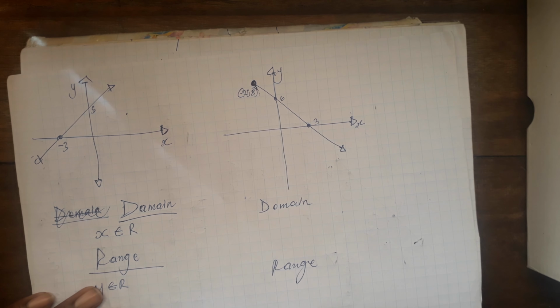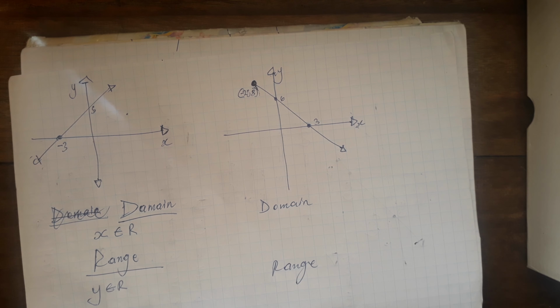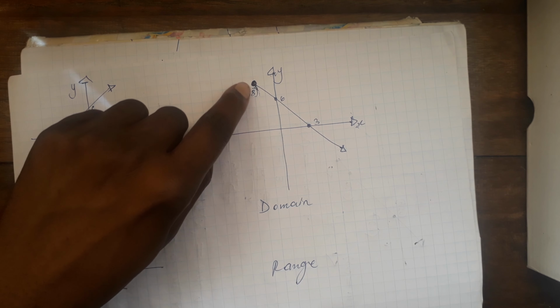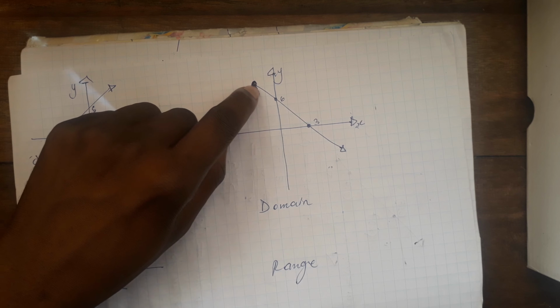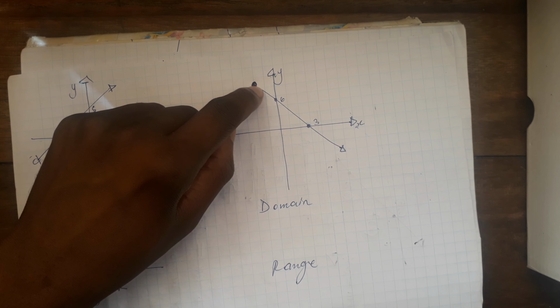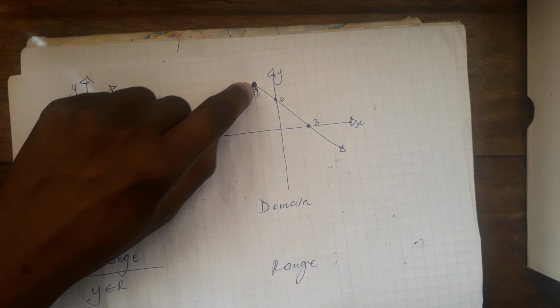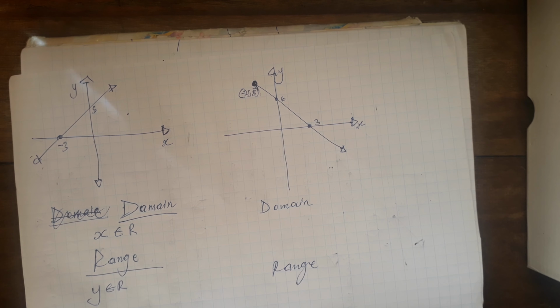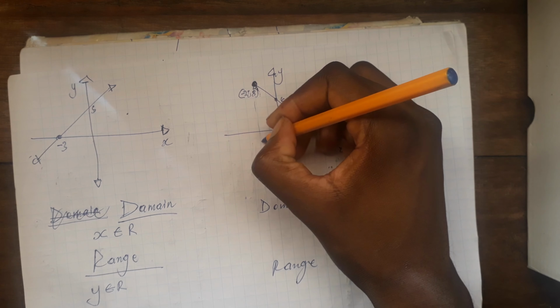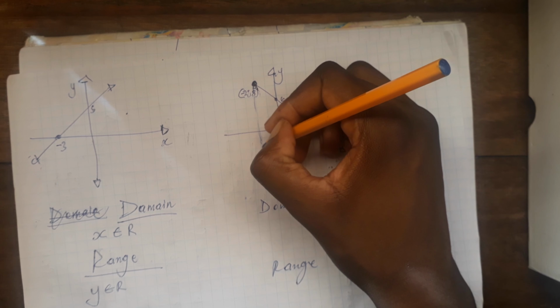When determining the domain, we just look at the values of x. When you look at this point, there is no arrow that indicates that this function is continuing like this. It means that it starts from that point going this side. So how do we write this? A domain. We look at the values of x.